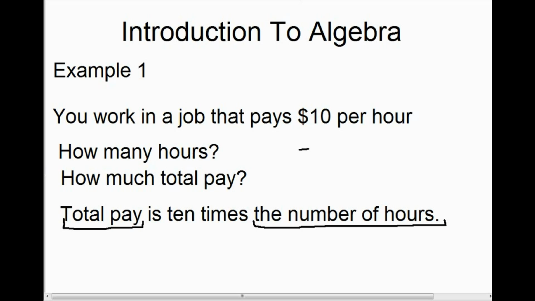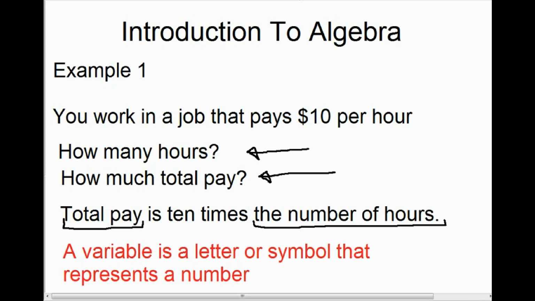Each of these pieces of information varies or changes. So if we want to write those values in a math sentence, we can't just write them as a number because they can be different. So this is where we have to use what's called a variable. And a variable is just a letter or a symbol that represents a number.